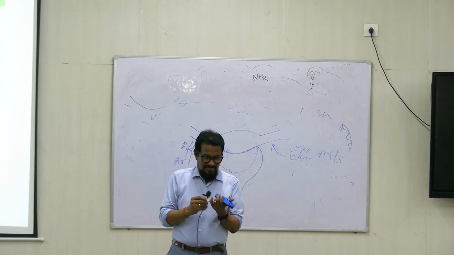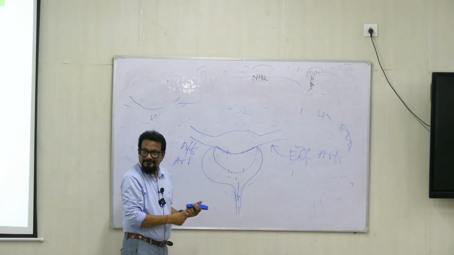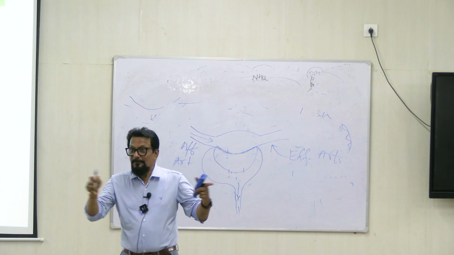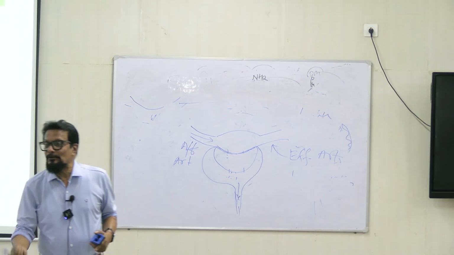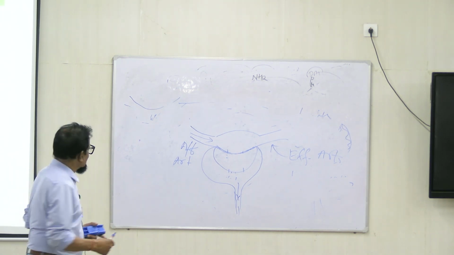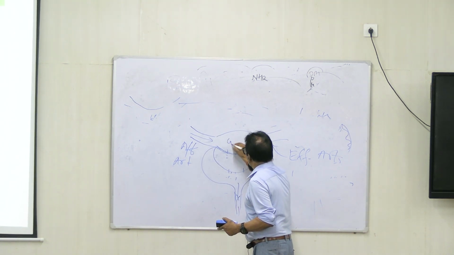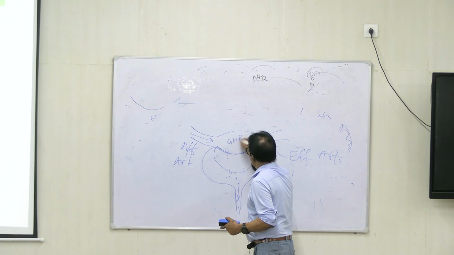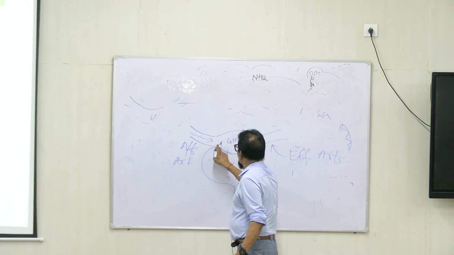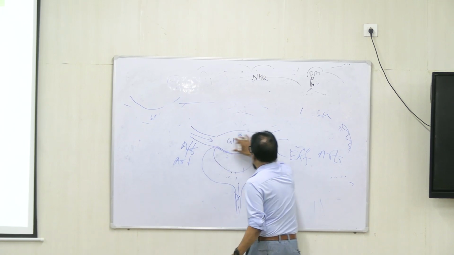Starling forces. Blood is passing, isn't it? Because of a pressure, and this pressure is called hydrostatic pressure. So here we are having glomerular hydrostatic pressure. It is a pipe through which a fluid is passing.